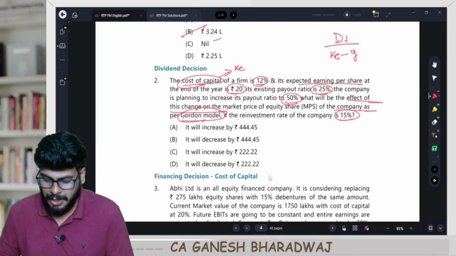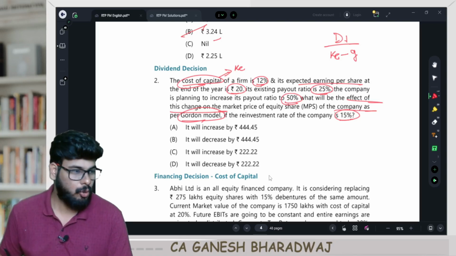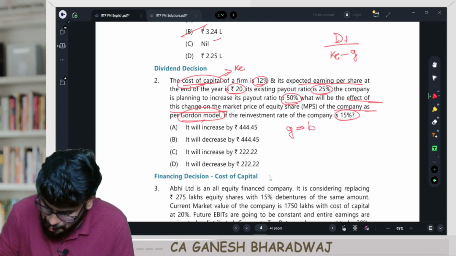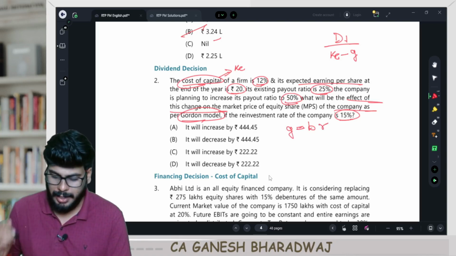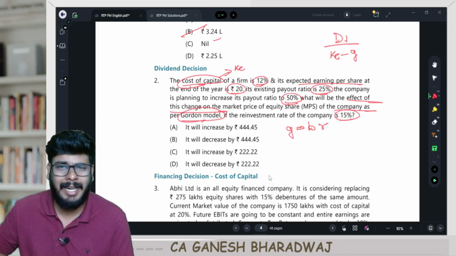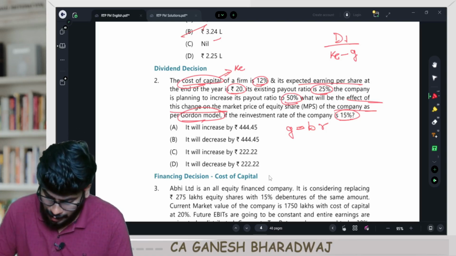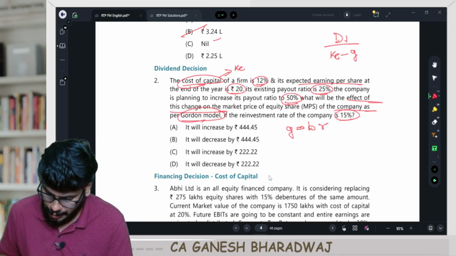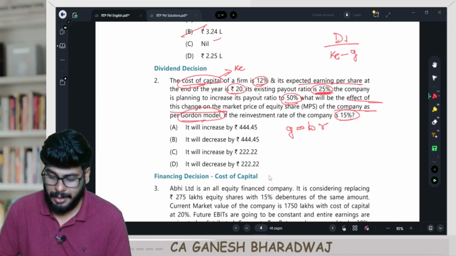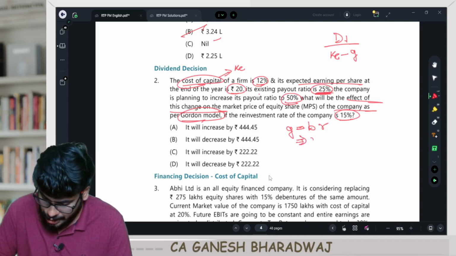Correct? Now, in this question, is the growth rate given? No, they have not given you the growth rate. Can I say G is equal to BR? B stands for retention ratio. R stands for your rate of reinvestment, right? So currently you tell me what have they given? The existing payout ratio is 25%, which means how much is the retention ratio? 0.75, correct?